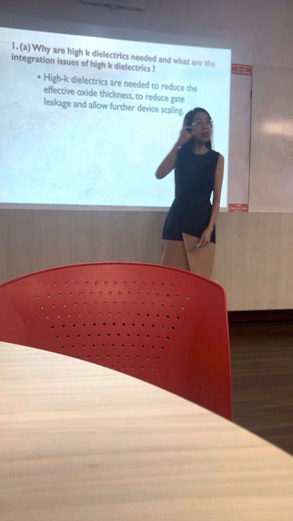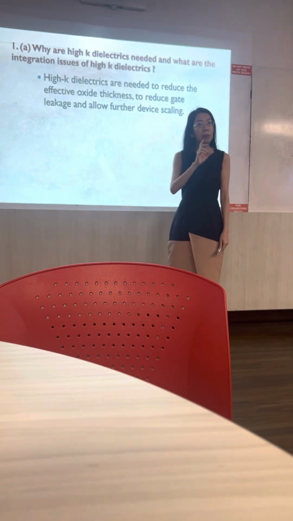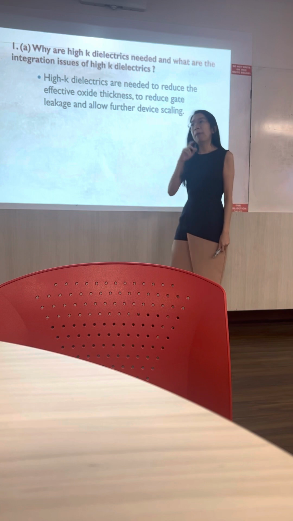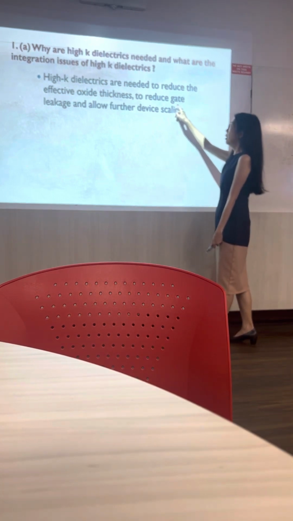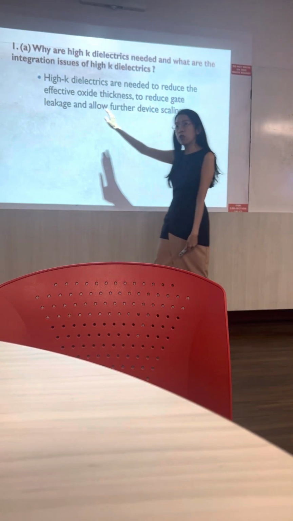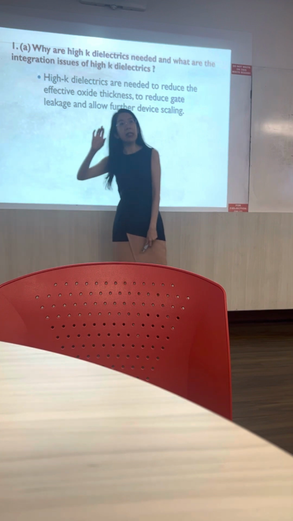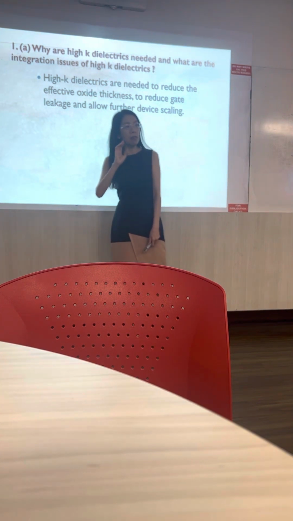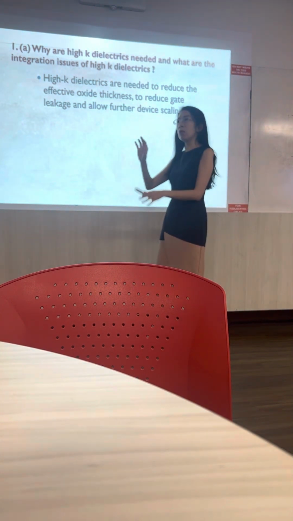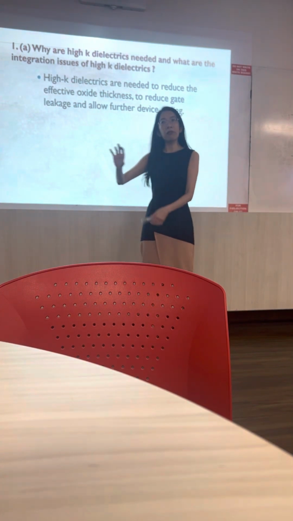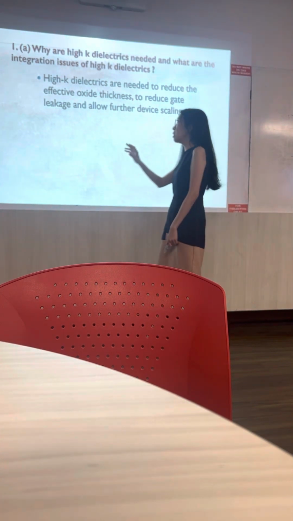The equivalent oxide capacitance is actually higher, and it reduces leakage because physically it is thicker. To achieve the same performance, you can have a thicker material. That's the idea of it.